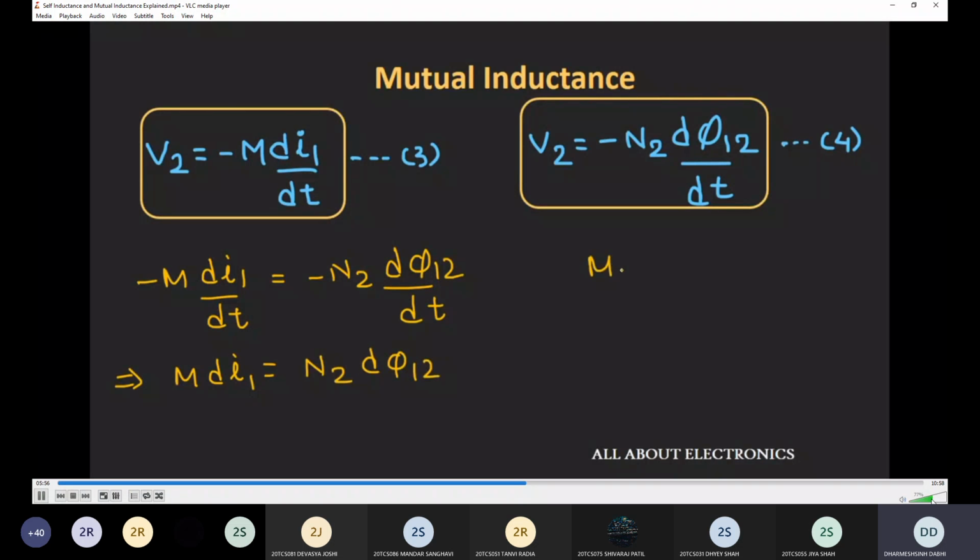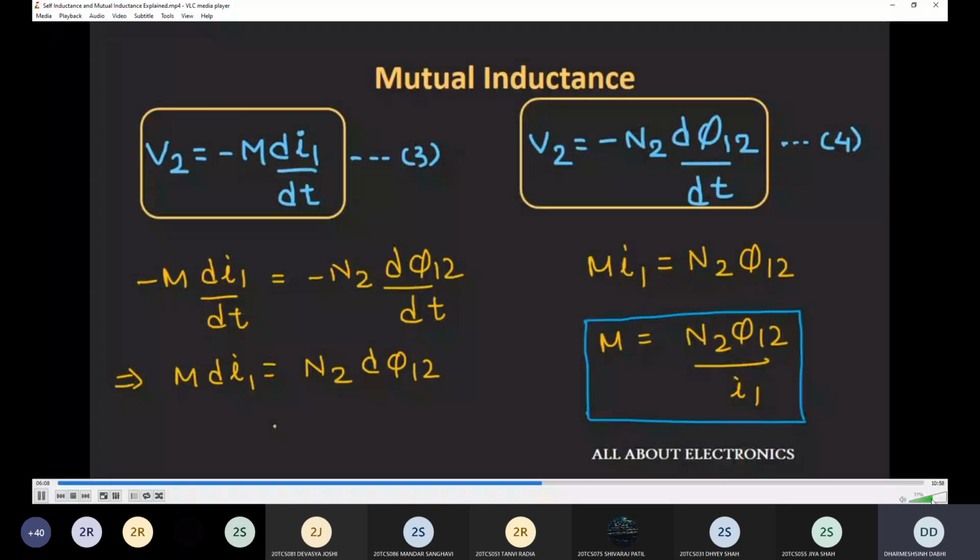That means M i1 is equal to N2 into φ12. So we can write M is equal to N2 φ12 divided by I1. So this is the expression for the mutual inductance when the current is flowing in the coil number 1.